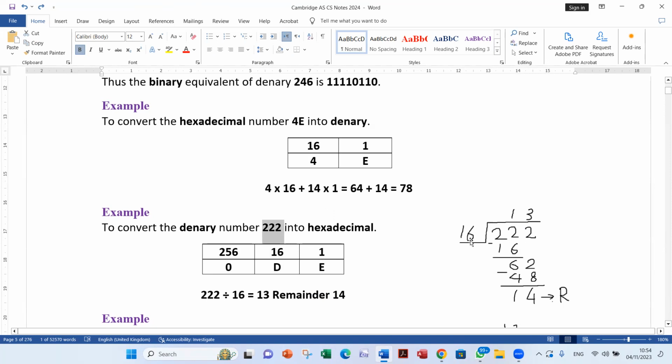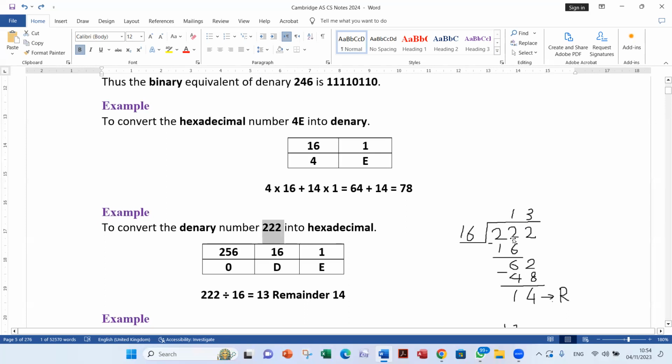Let's go through it bit by bit and see how you can do that in your exam accurately and fast. Okay, so first you take the 22. 22 divide 16, and that is 1. The 16 goes into 22 only once. Remember that from old days? Okay, so you put here 1.